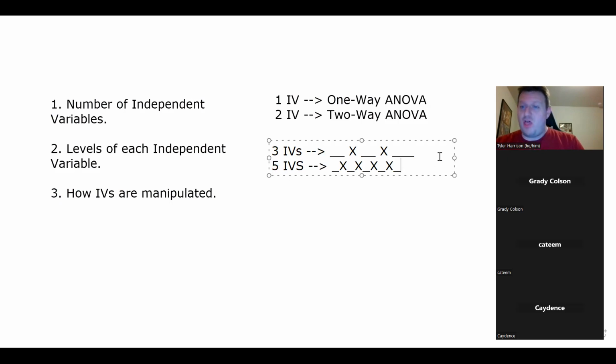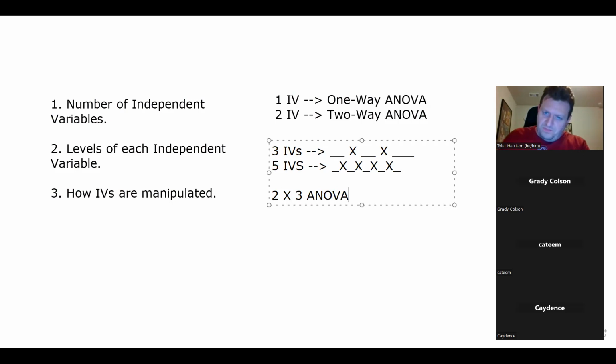Okay. The levels are the specific numbers here. So for instance, if I have a 2 by 3 ANOVA, how many independent variables do I have? I've got two because I got two numbers.